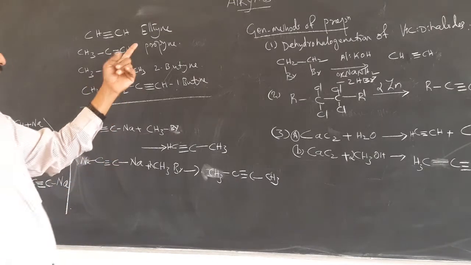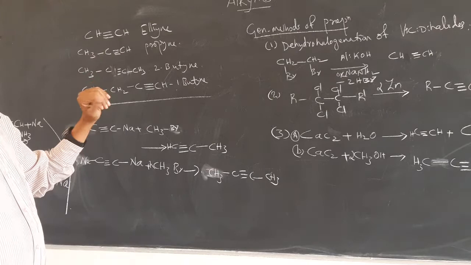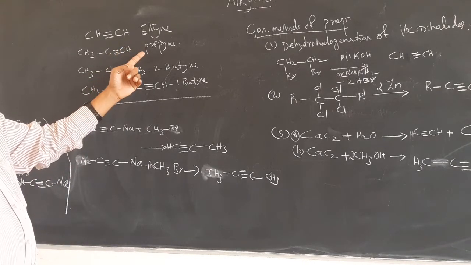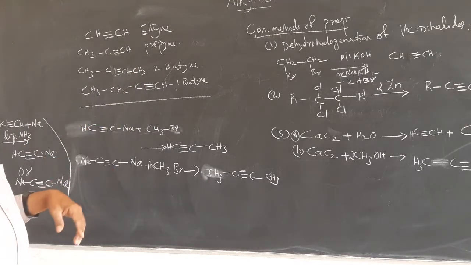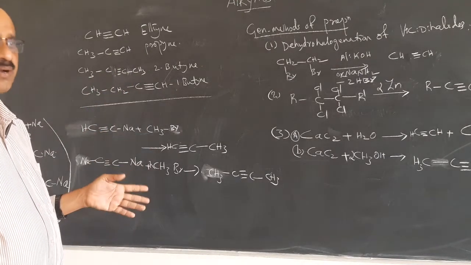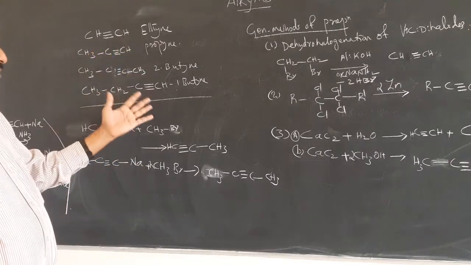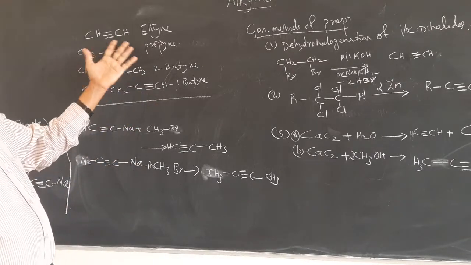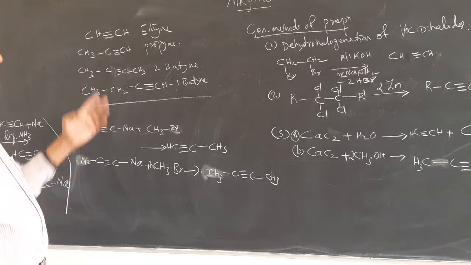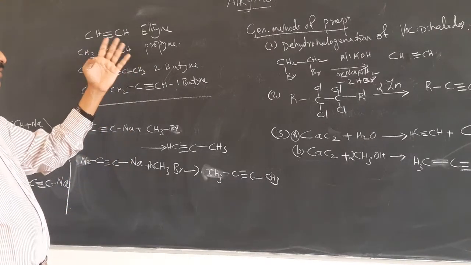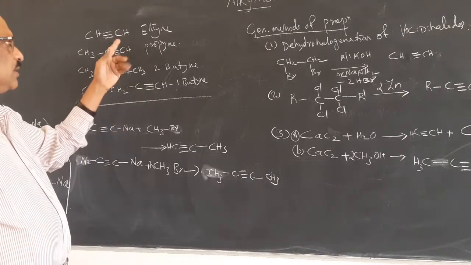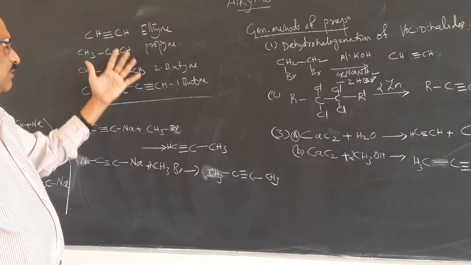In general nomenclature, acetylene is one example. Propylene, acetylene, butylene, these are common names. But IUPAC nomenclature is like this. Depending upon the number of carbon atoms, the nomenclature is given to various alkynes in this order.